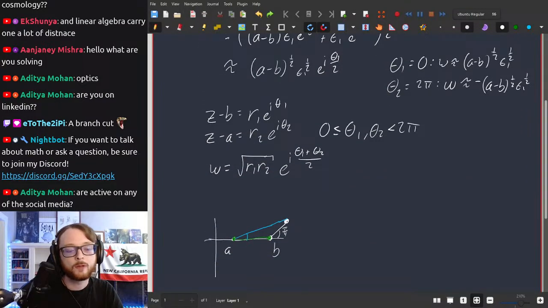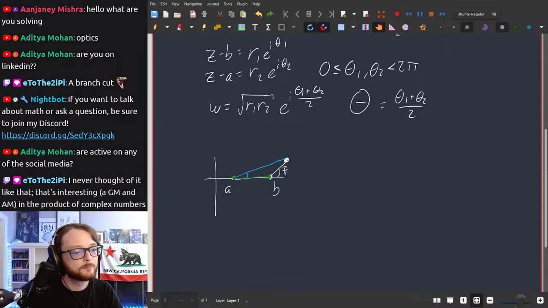And so the book defined capital theta as theta 1 plus theta 2 over 2. And so the book made different zones for big theta.